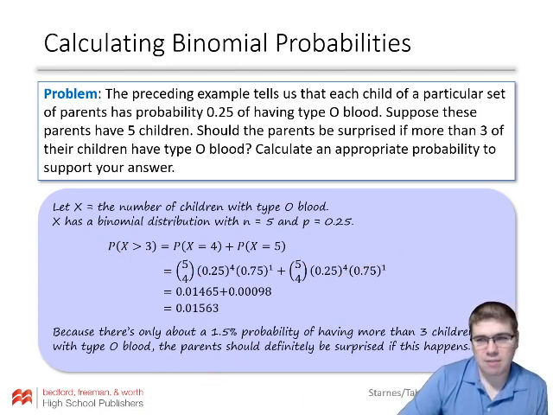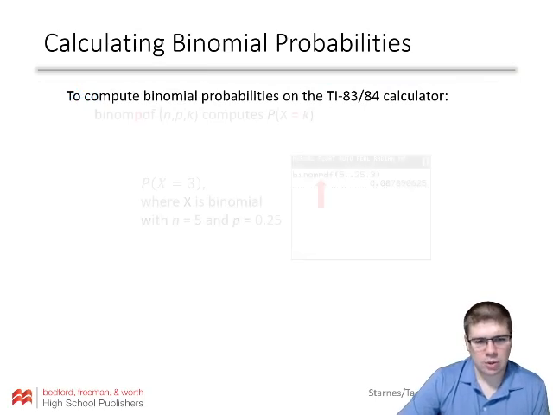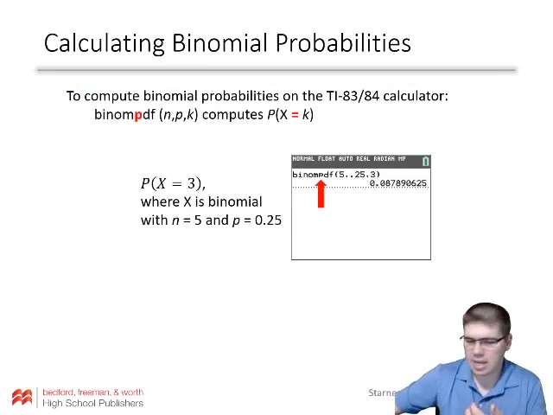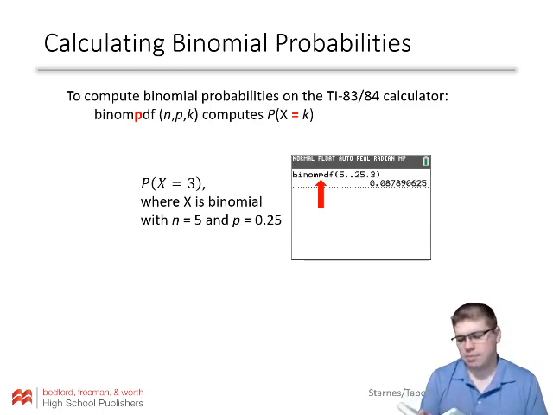But you can do this stuff in the calculator, and I want to make sure that you see how that is done. To compute these binomial probabilities in the TI-83 or 84 calculator, you're going to go to second, distribution. Remember, there's normal CDF, normal PDF, and so on in there.